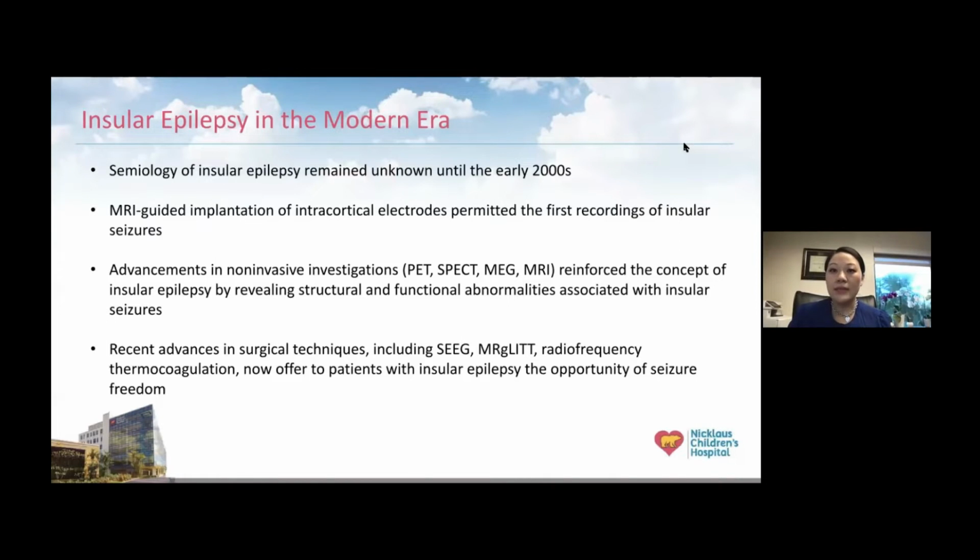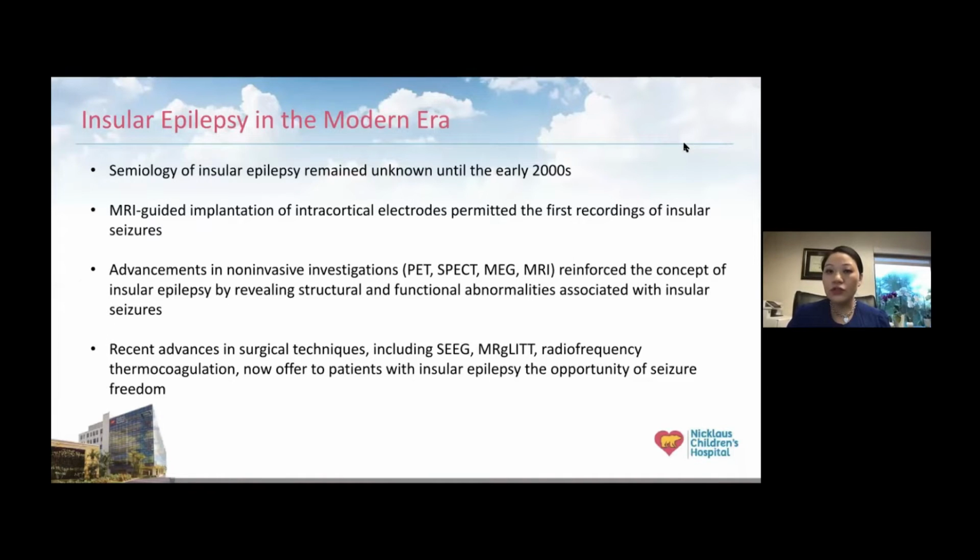So essentially, although we did not quite understand insular epilepsy back in the 1940s, 50s, and 60s, we are starting to have a greater understanding of it over the past 20 years.